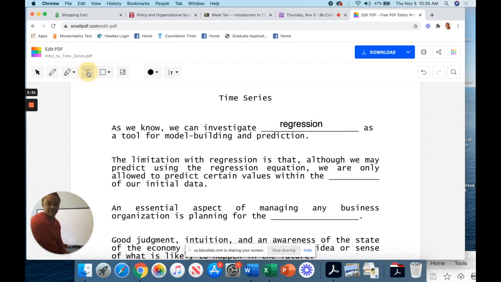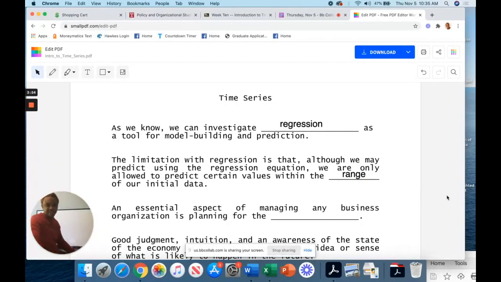I don't know if you guys remember this. I'm going to have to type it, and then adjust it and put it where it fits. And this goes back to checking to see if the values are in that certain range. We can't really extrapolate outside of that particular region.